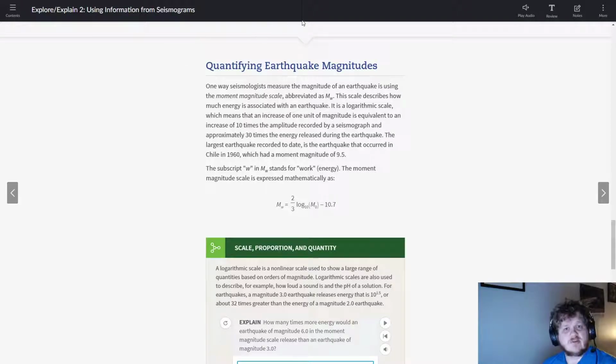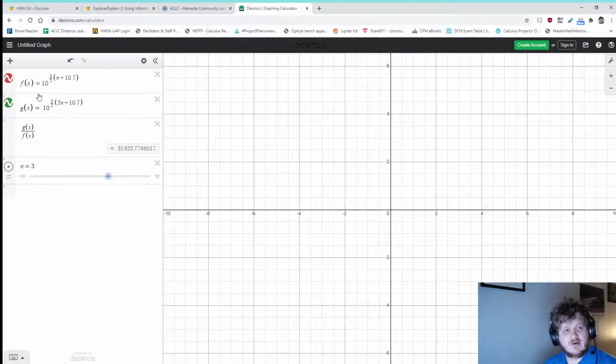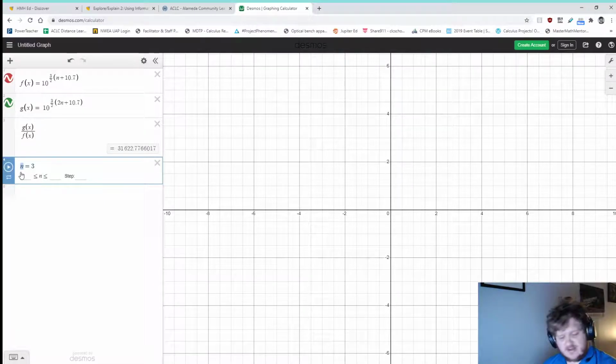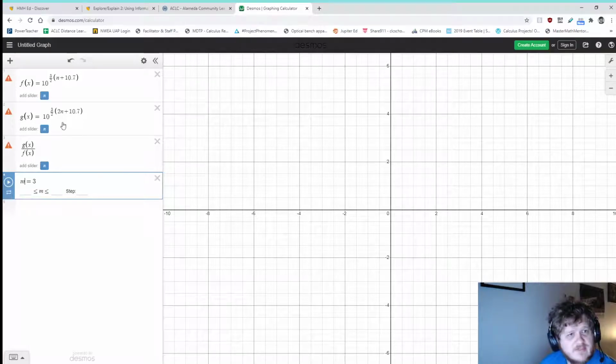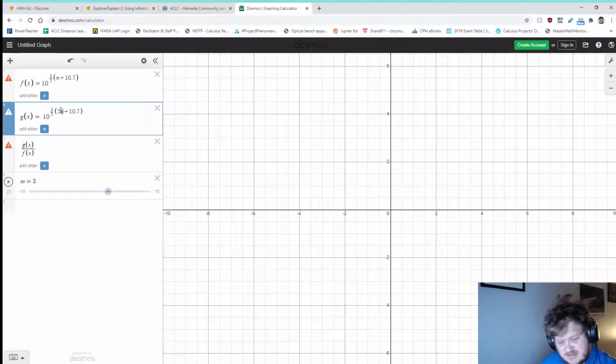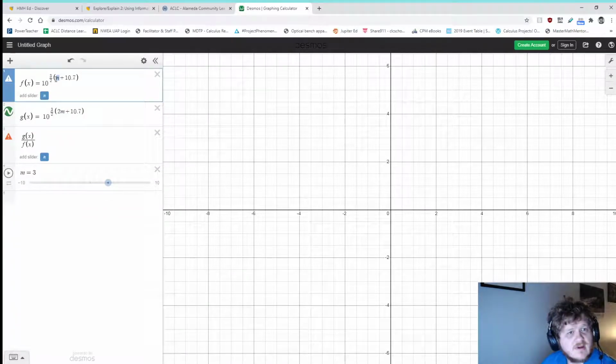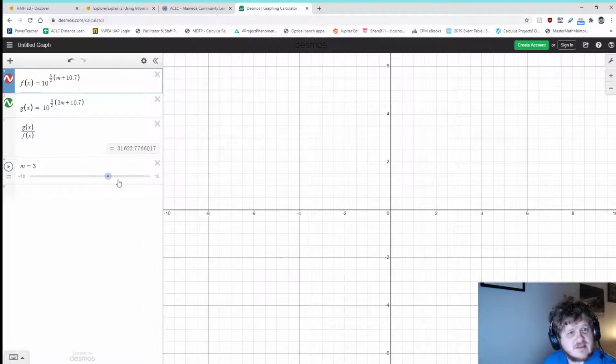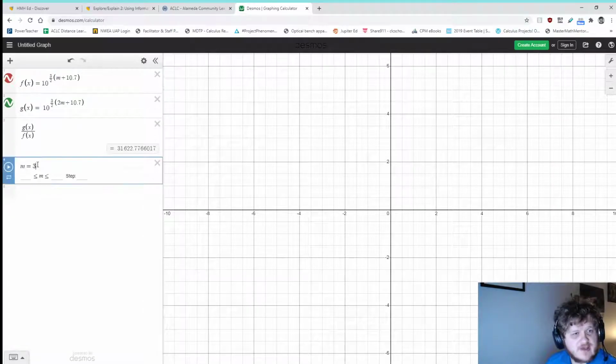In terms of some quick math I did using Desmos, I converted the equations, and where M is your Richter scale, you know what, I'll call this M and we'll switch all these to M. If you think about it, you can choose a different value for your Richter scale.